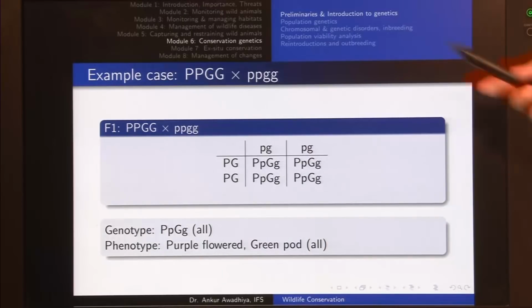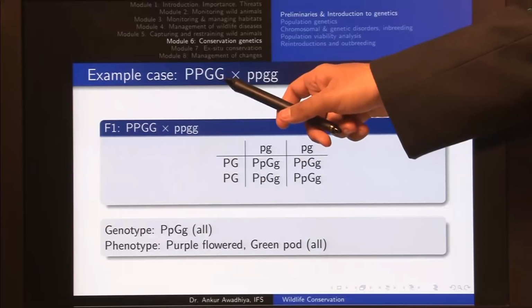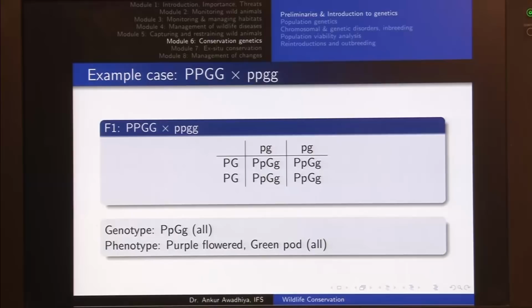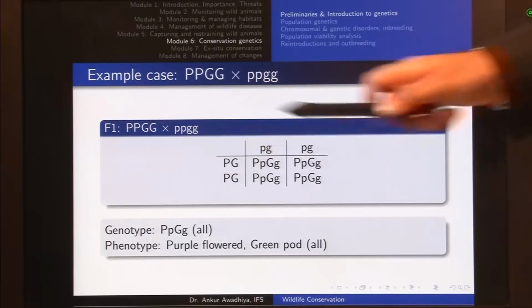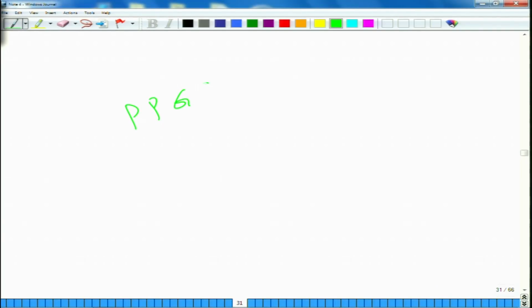Now in this case, we have colors as green and yellow. Green here is dominant, so it is written as capital G, and yellow is recessive, so it is written as small g. Now when you have this individual, capital P, capital P, capital G, capital G, when it gives out sperms, what different kinds of sperms will be formed?